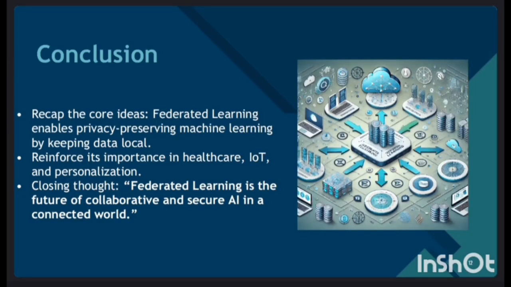This technology is essential for industries like healthcare, IoT, and personalization, where protecting data privacy and ensuring security are absolutely necessary. By allowing for secure collaboration without risking sensitive data, federated learning is shaping the future of safe and connected AI in our world.